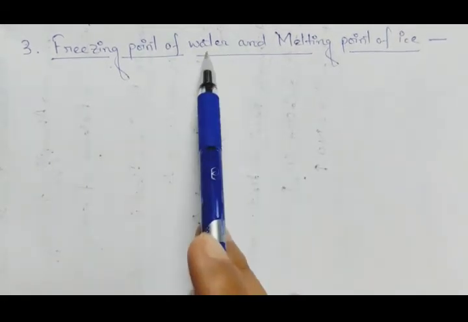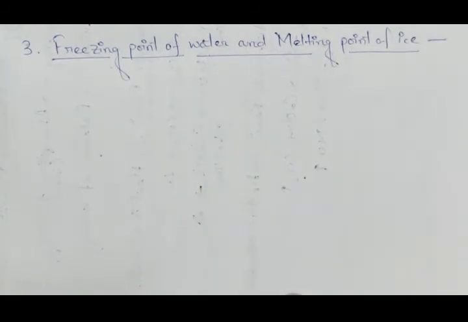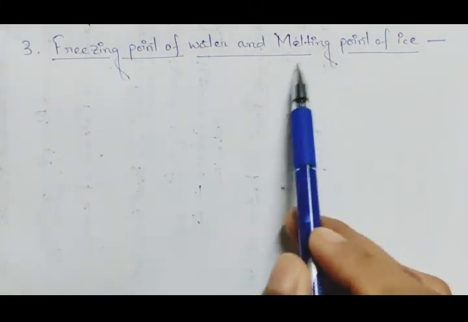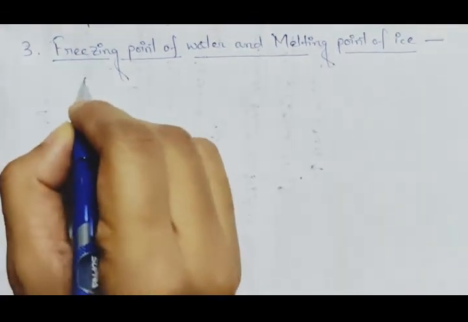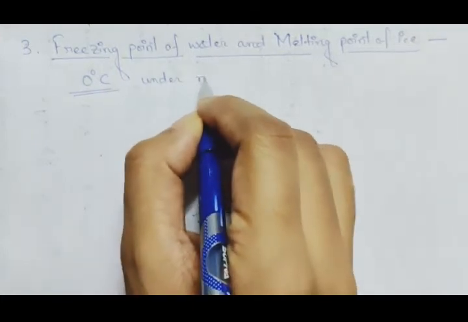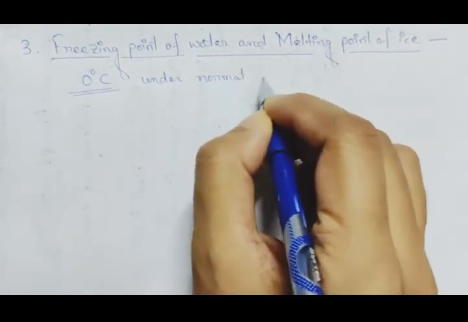Now if we take the ice, the frozen water, it will start melting also at 0 degrees Celsius under normal pressure, that is 1 atmospheric pressure. So both the freezing point of water and the melting point of ice are 0 degrees Celsius under normal pressure.